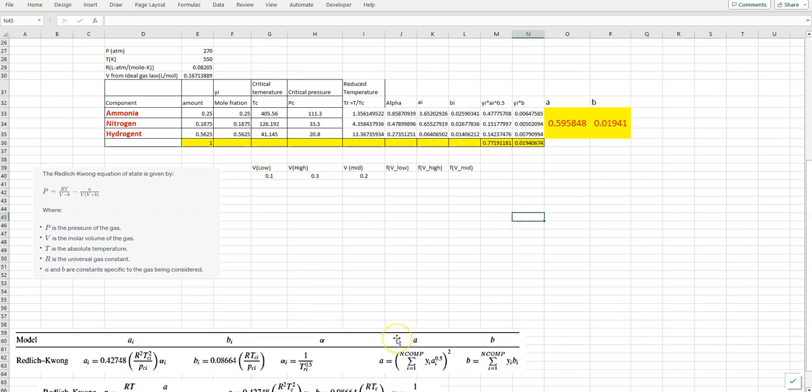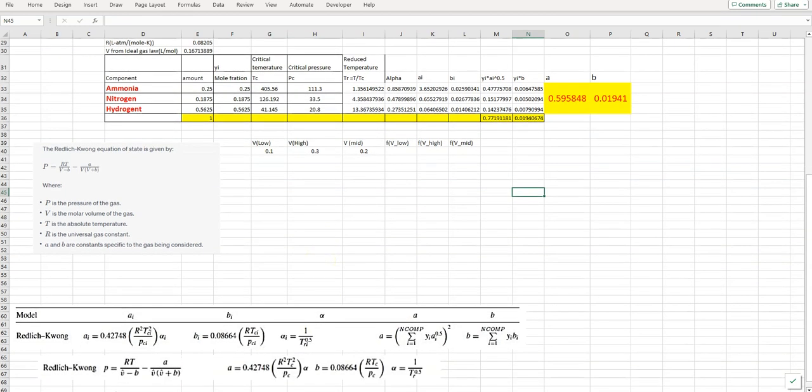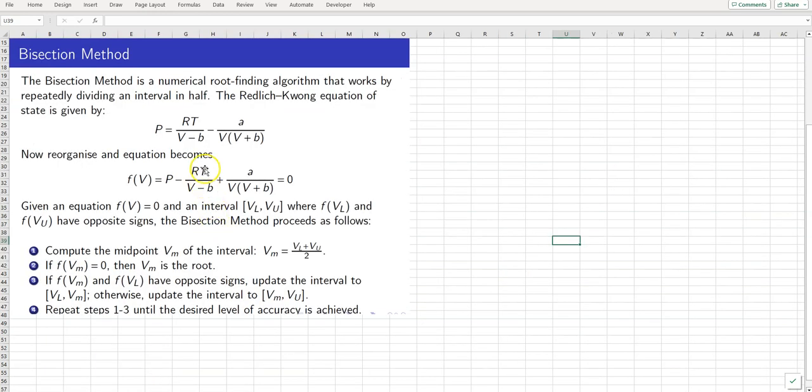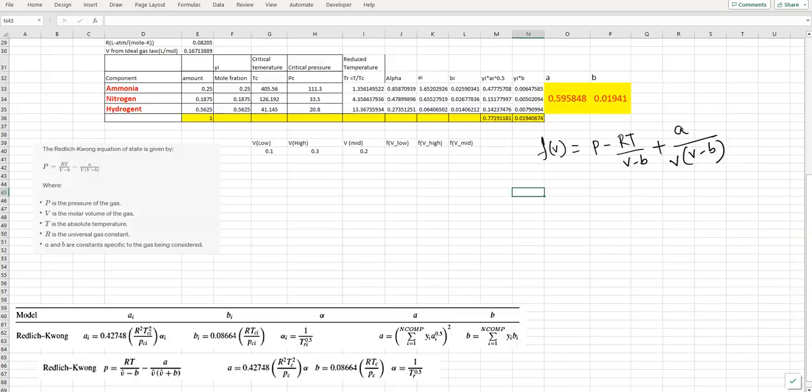Now what is the f(v) value? So we can write here: f of v is equal to P minus RT/(v minus b) plus a/(v(v minus b)). You can see here also P minus RT/(v minus b) plus a/(v(v plus b)). So that is my f(v).